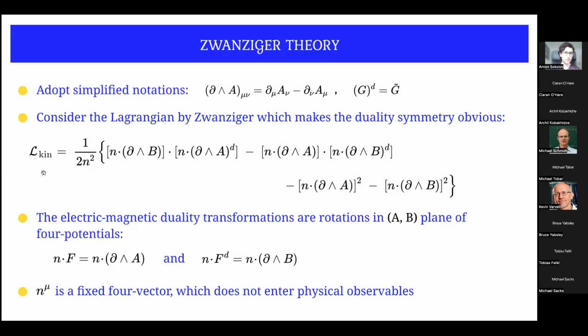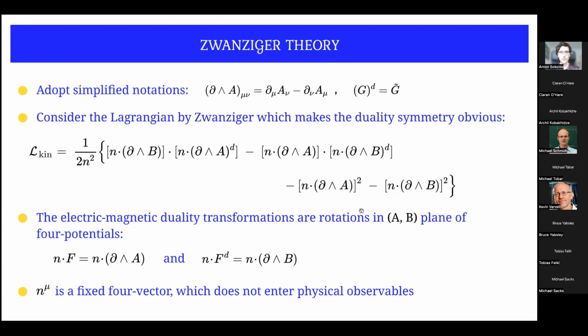The Zwanziger Lagrangian involves two four-potentials, A mu and B mu. You can see that this Lagrangian is invariant with respect to rotations in the AB plane. Actually the first two terms are even invariant with respect to any special linear transformation, not necessarily rotation.